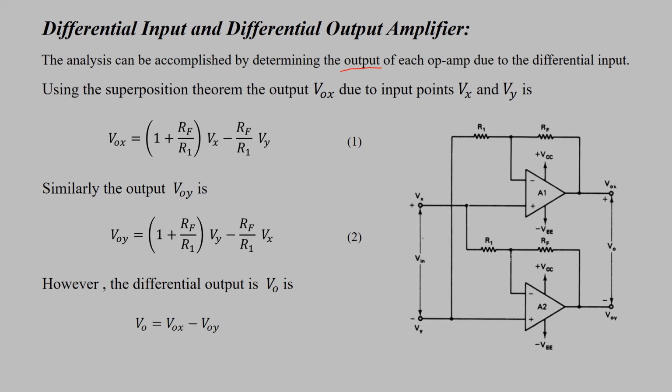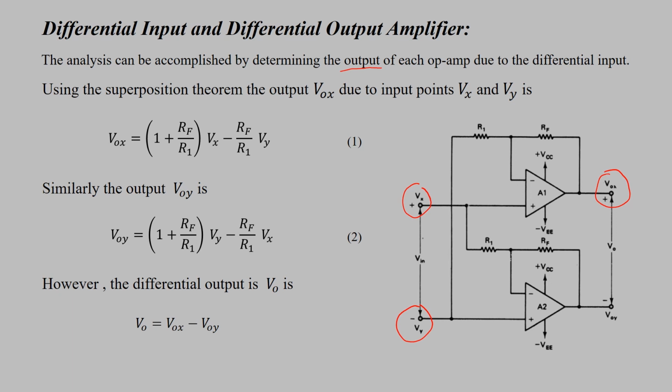Using the superposition theorem, the output Vox due to the inputs Vx and Vy can be written as Vox equal to 1 plus Rf by R1 into Vx minus Rf by R1 into Vy.